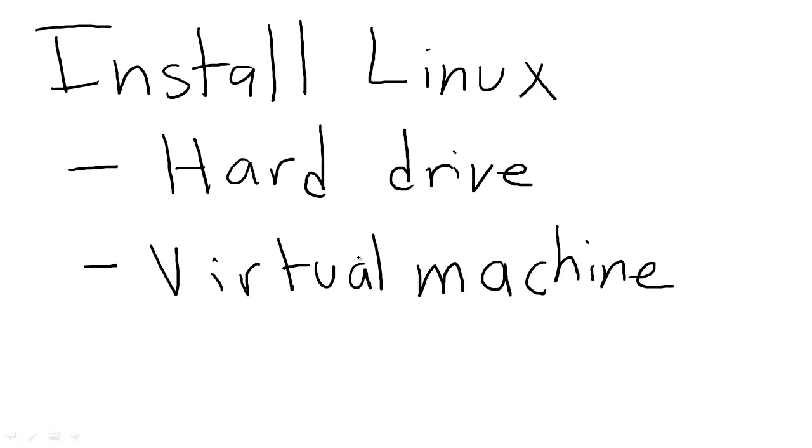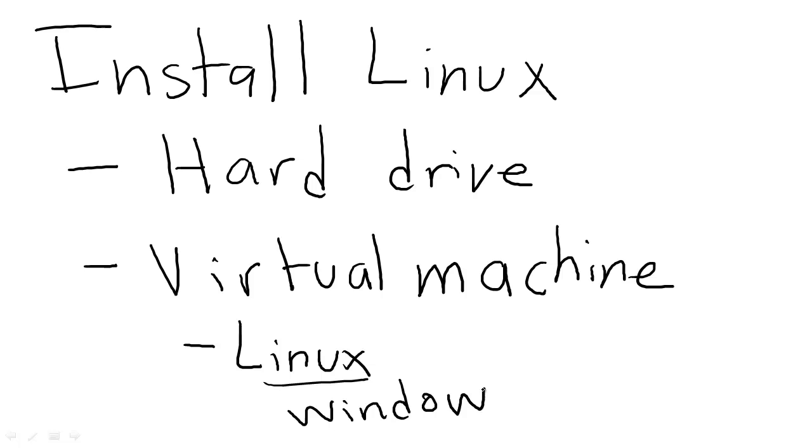A virtual machine is basically like running a virtual computer on top of your computer. So this allows you to run Linux on top of Windows, which means that you don't actually have to install any extra software on your hard drive. It only is installed within Windows. This is quite useful because to install Linux on your hard drive and to keep your copy of Windows, you would have to dual boot.